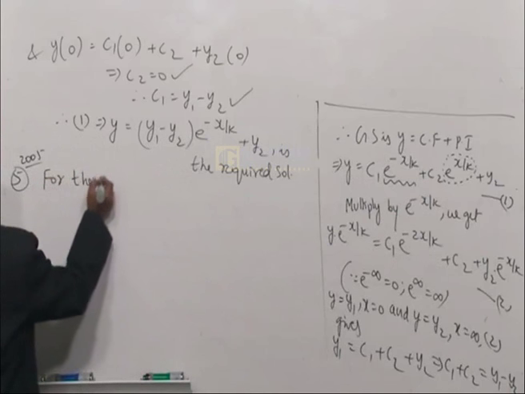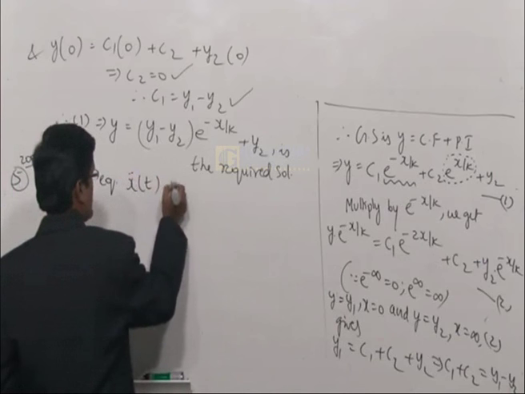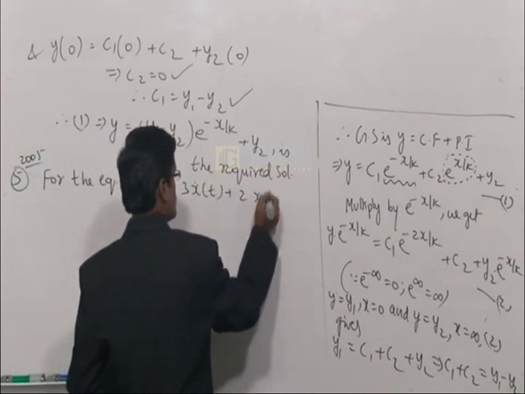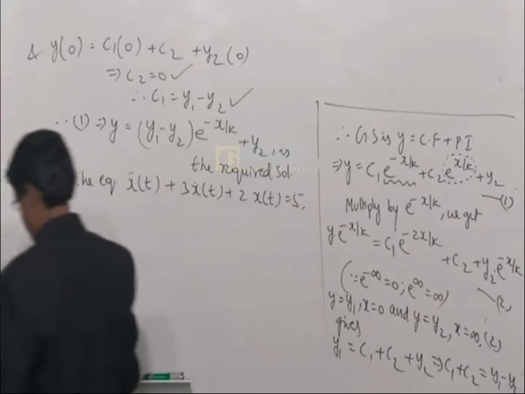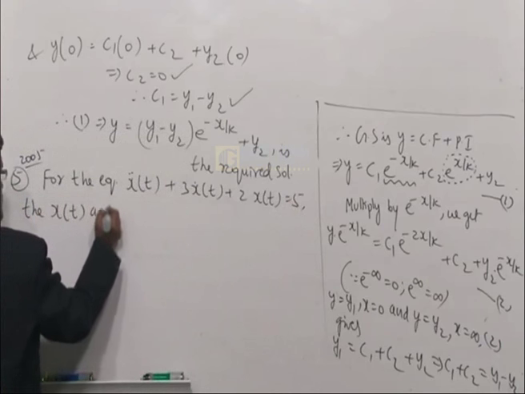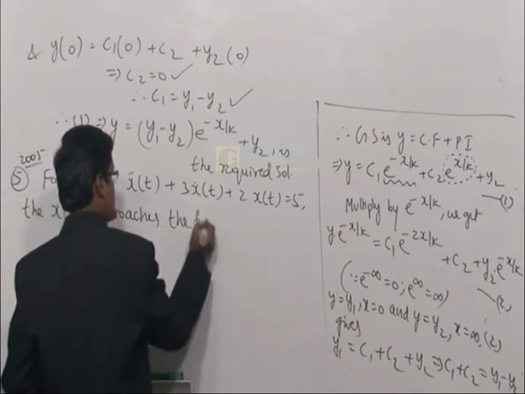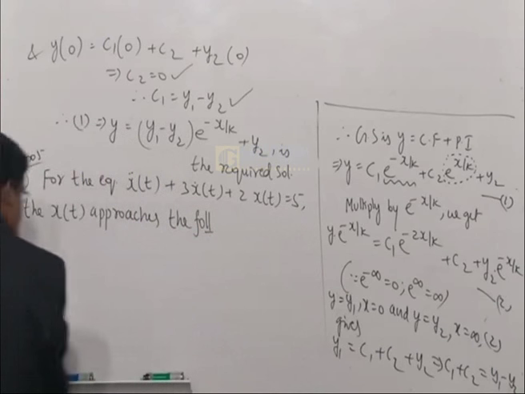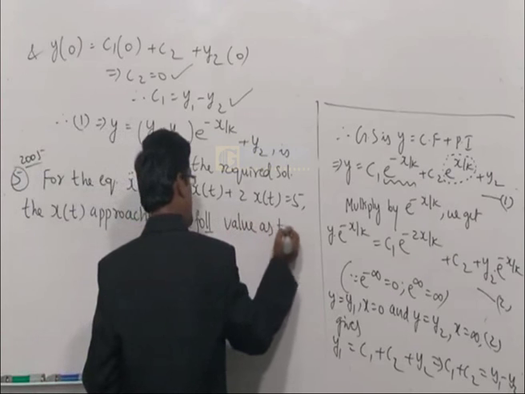For the equation x double dot t plus 3x dot t plus 2 times x of t is equal to 5, the x of t approaches the following value as t tends to infinity.